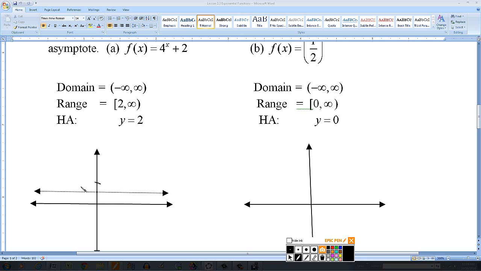So again, it goes something like that, and then it approaches. Well, let me clear it again. So it goes, okay, something like that. So it passes through this point right there, which is the point 0 and 3.